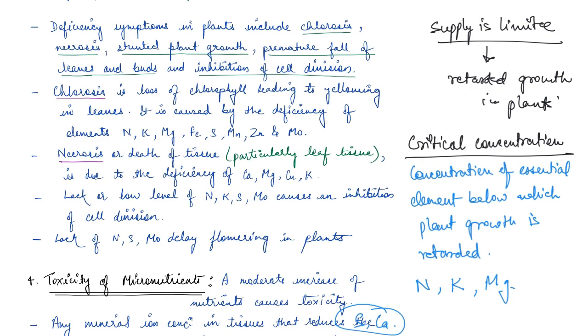Now, guys, what is happening is that we said that if the nutrients are deficient, if they are not present in the apt amount, if they are present in low amounts, they cause deficiency symptoms. Now, what happens when these elements are present in an amount more than what is required? If there is an increase in these elements, it also causes toxicity.